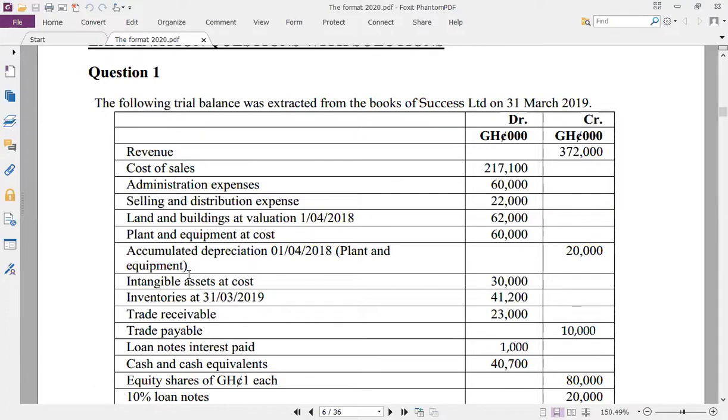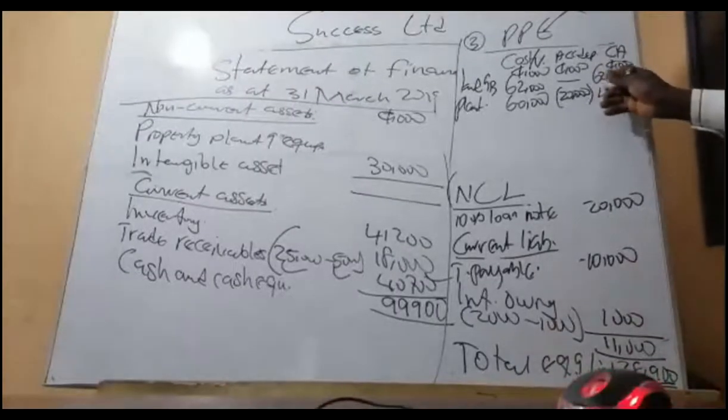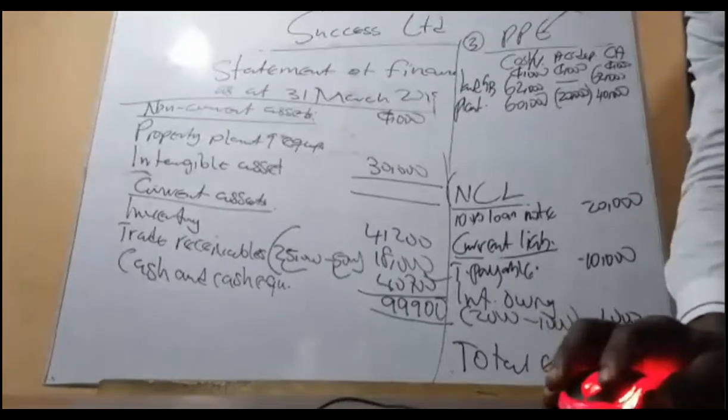Is there any accumulated depreciation? I'll give it 20,000 and put it in brackets. And then finally, it will give us a carrying amount of 40,000. So I'll put the 40,000 here. And then, is there any other item? Let's go and see.